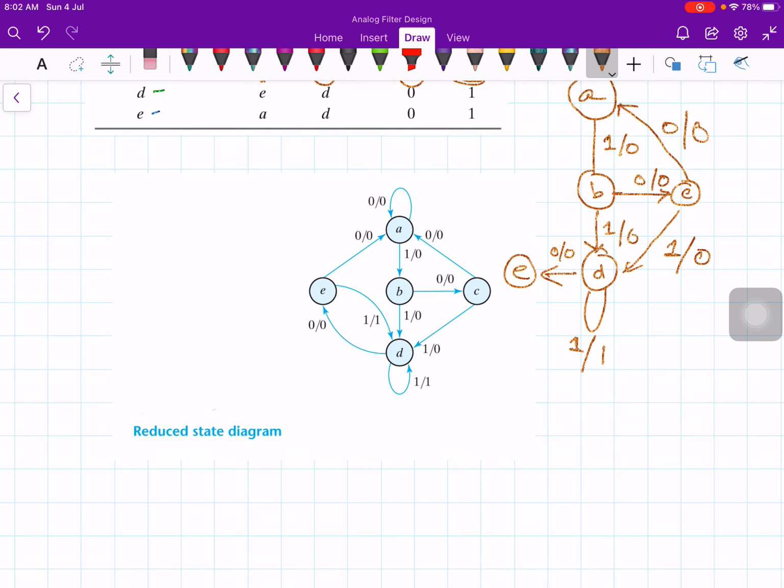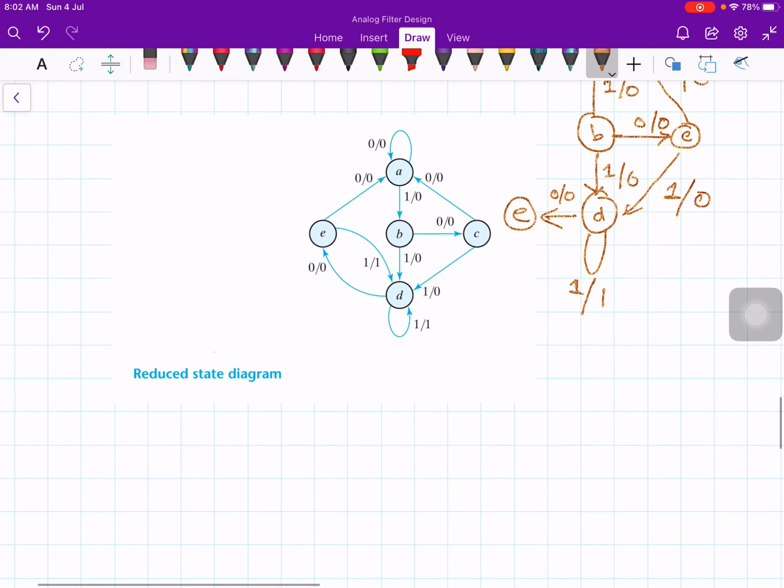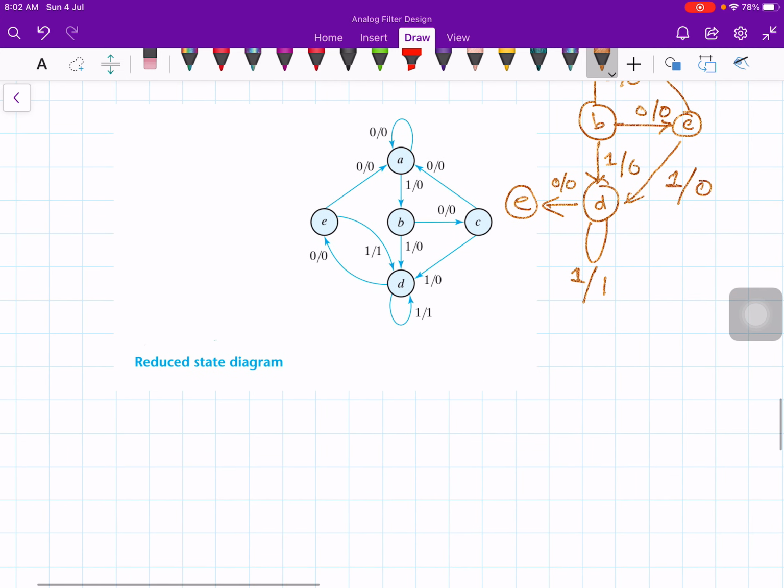So our state reduction algorithm has reduced the number of states from 7 to 5. Okay, so by judicious use of the table, it is possible to determine all pairs of equivalent states in the state table. So the sequential circuit of this example was reduced from 7 to 5 states.